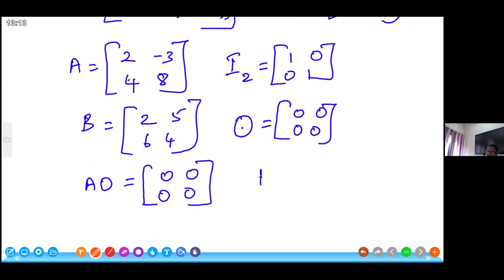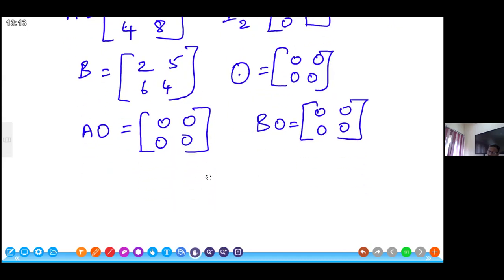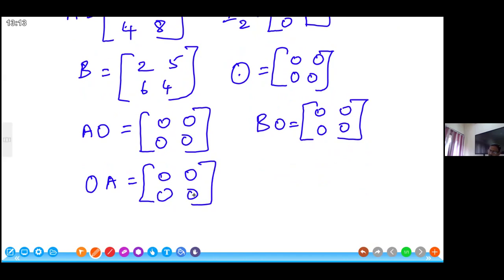Similarly, B into the 0 matrix is a 0 matrix. Similarly, if you multiply the 0 matrix with A, that is also a 0 matrix. Or if you multiply the 0 matrix with B, that is also 0.